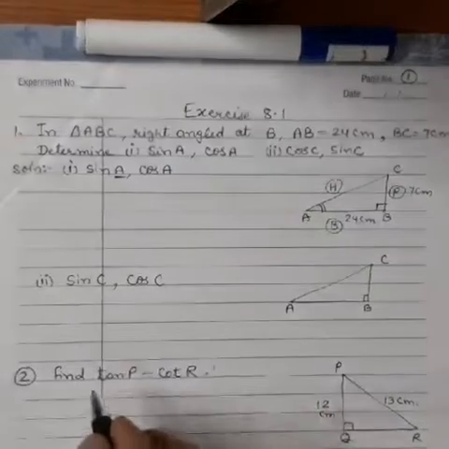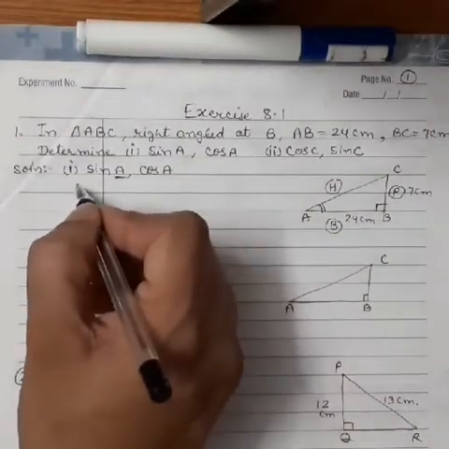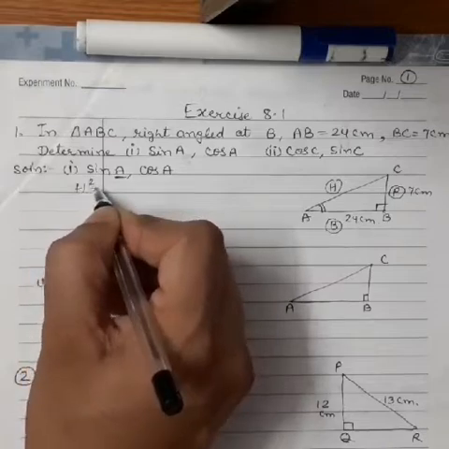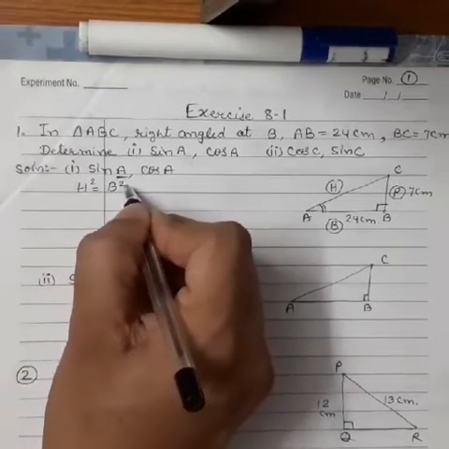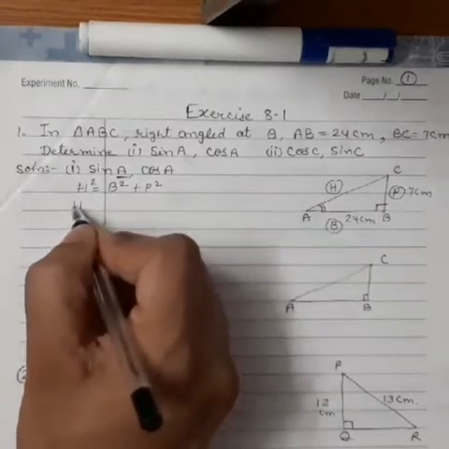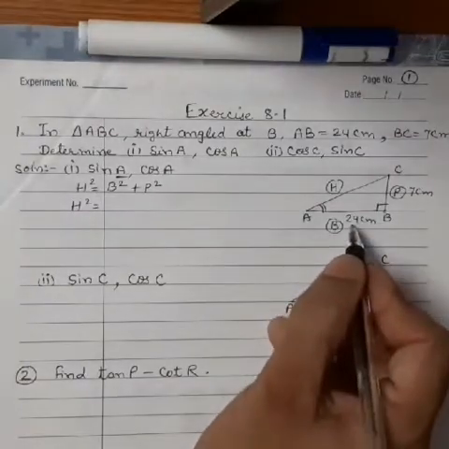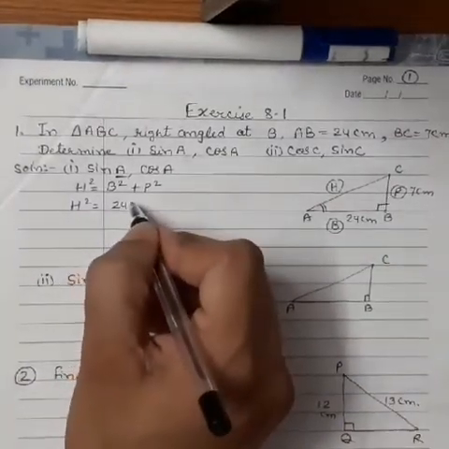Then by Pythagoras theorem, we know that h square is equal to b square plus p square. What is b? Base is 24 centimeter.